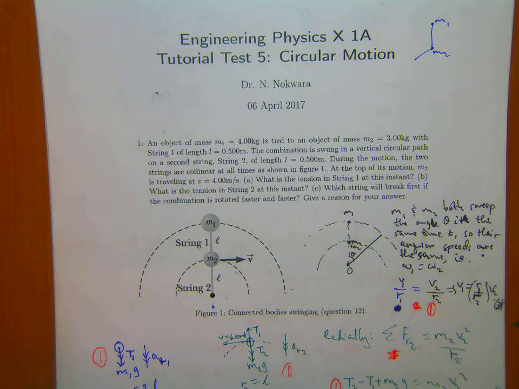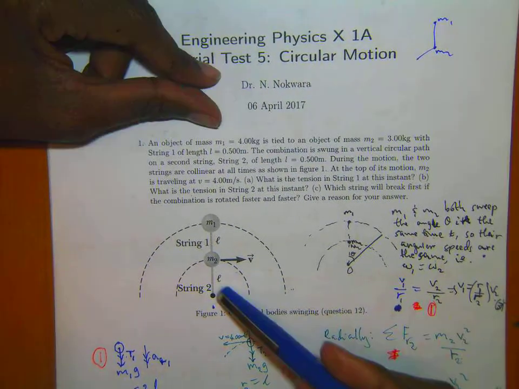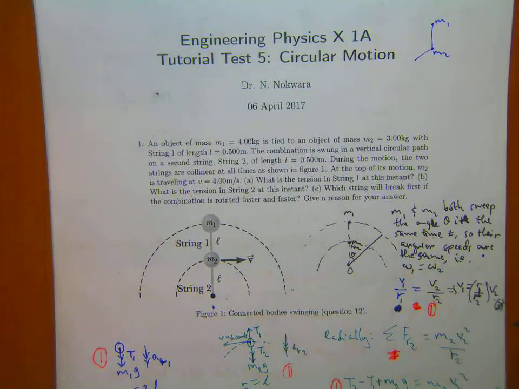The tension when you're drawing the free body. Okay, no, we are just talking about the question before we go to the solution. Is there any part that you do not understand in the question? So is it clear what the bodies are doing? Okay, good.